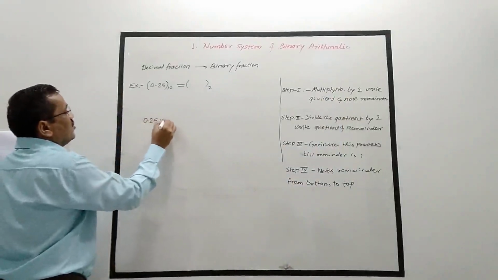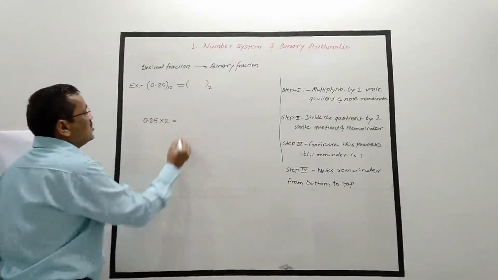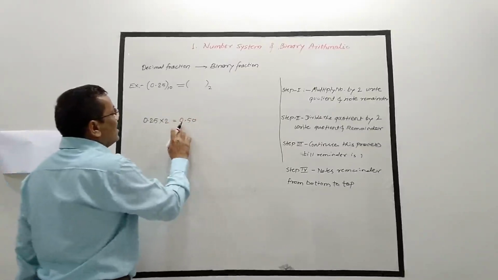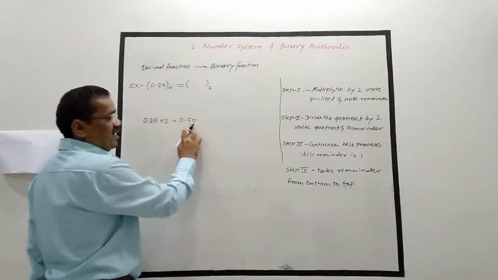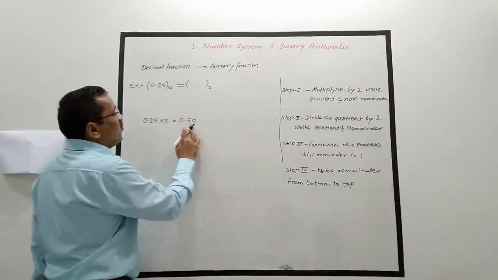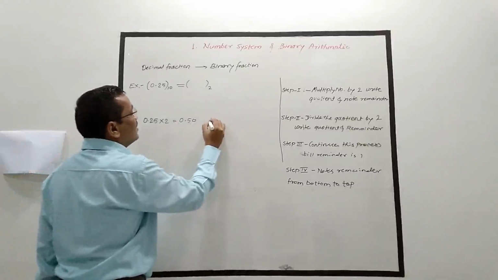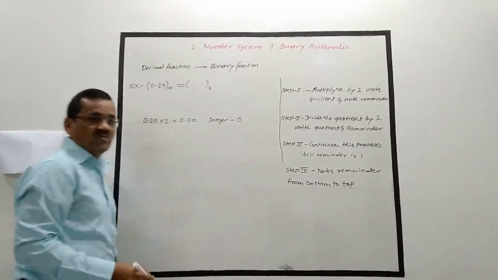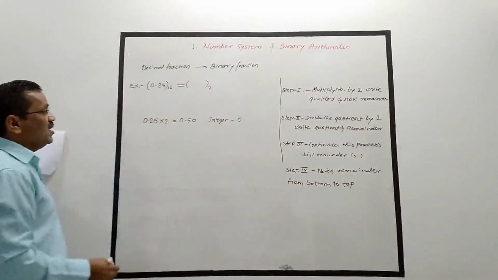0.25 into 2 is equal to 0.50. Here there is an integer part and a fraction part. We have to note the integer. Integer is 0.